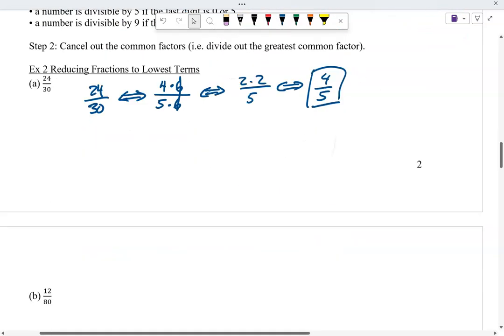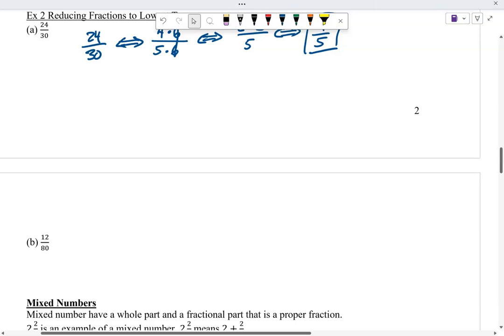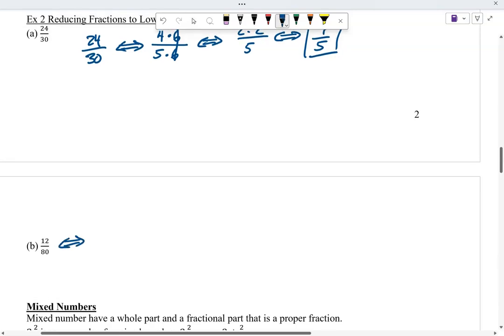Let's do another one. How about 12/80? 12, you've got 4 and 3. Of course, you can keep going with the 4. That's 2 and 2 and 3. And then 80, how about 8 and 10? But we can keep going with the 8. 8 is 2 times 2 times 2, or 4 times 2.